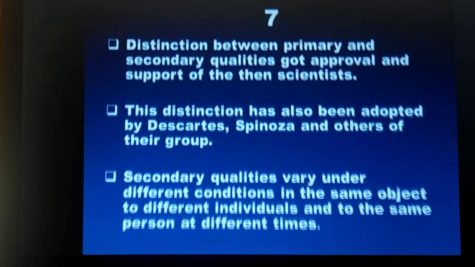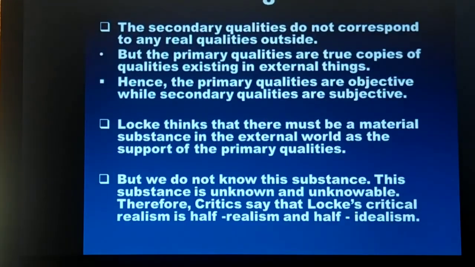We find such things. So the secondary qualities do not correspond to any real qualities outside, but the primary qualities are the true copies of the qualities existing in the external things. Hence, primary qualities are objective, while secondary qualities are subjective.